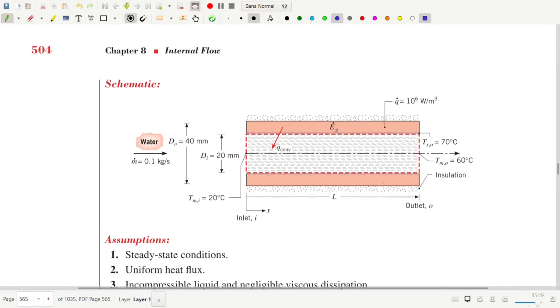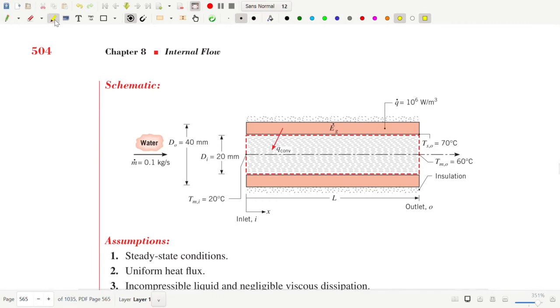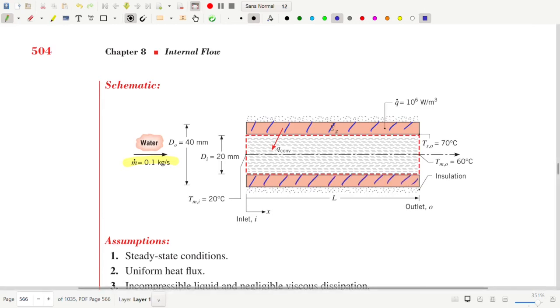Here is the schematic. So we can do a quick study of this. We have a mass flow rate of 0.1 kg per second. You have this region in the heater. That is where the electrical heating element is embedded, and there's insulation on the outside.